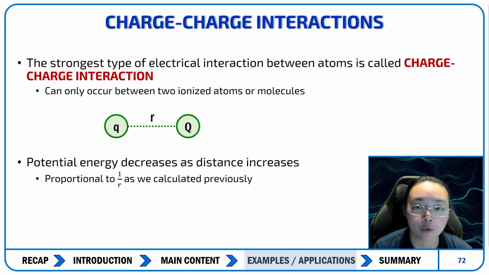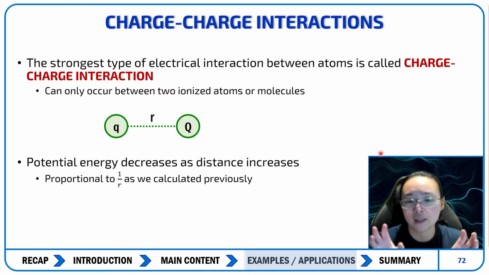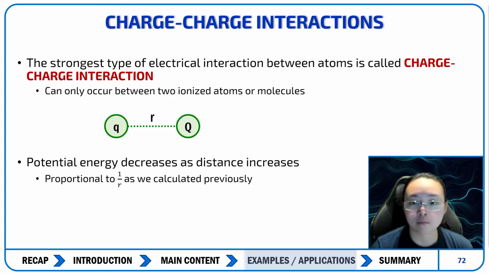So let's just go through each of these visually so you can see what they represent. If we have a charge-to-charge interaction, it means that two molecules hold a charge, and we can just model them as either a point charge or a charged object with a specific distribution of charge.